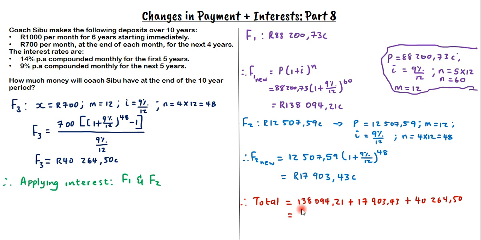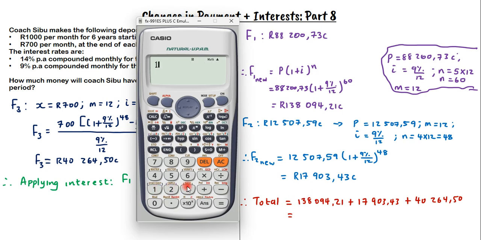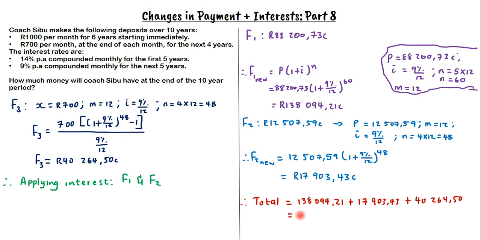And then I want to add all of this together to get my total amount at the end of 10 years, 21 plus 17,903.43 plus 40,264.50. And this is going to be my answer: 196,262 rands, 14 cents. And that is how we calculate this total amount.